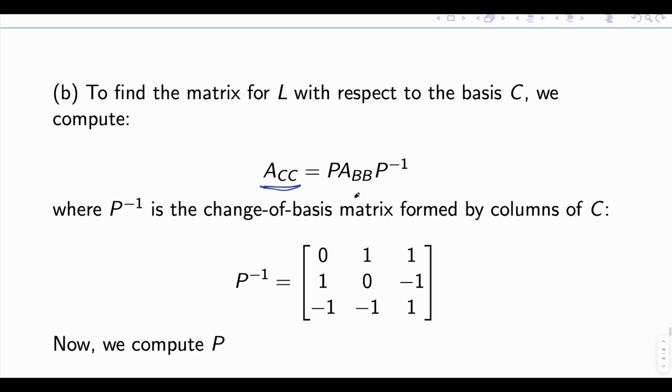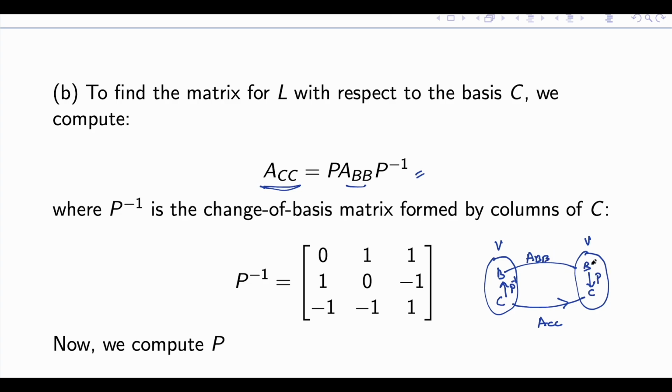So now we know that A_CC can be obtained using P A_BB P inverse, where P inverse is a change of basis matrix formed by the columns of C. If you see the picture again, with B and B, and C and C, going from C to C, A_CC can be obtained as: B to C is P and C to B is P inverse, and this A_BB.